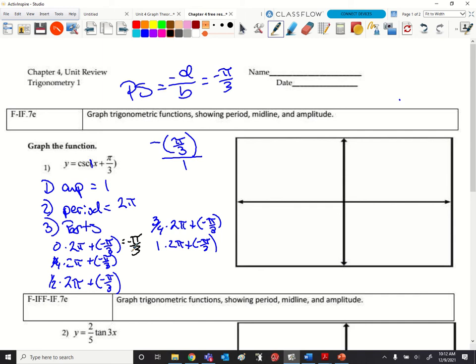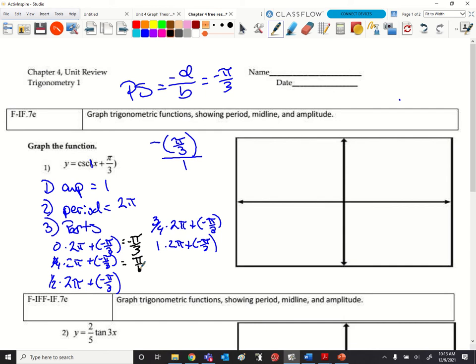It should be a positive pi over 6. I think so. Yeah. Positive pi over 6.